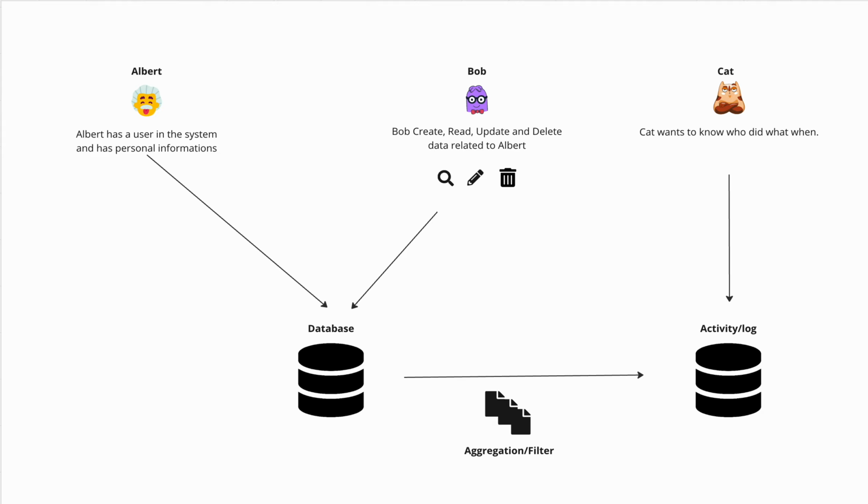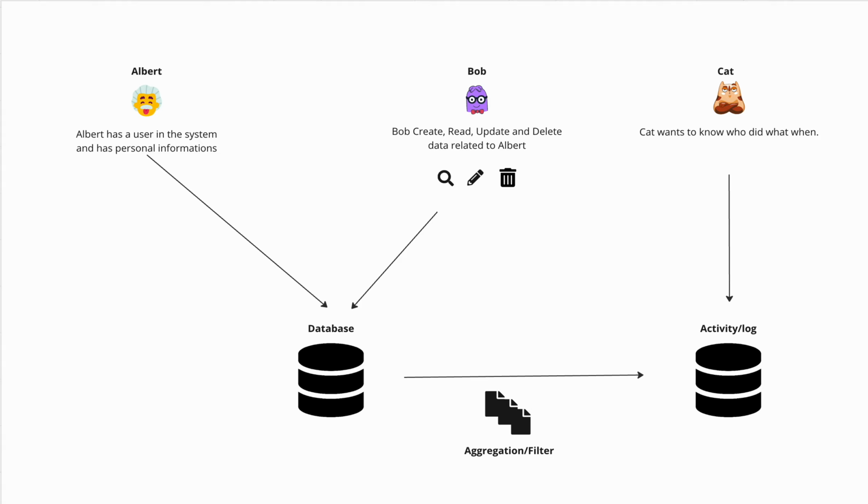That doesn't make sense to put in the log. That's illustrated by the small doc that says aggregation filter. So the activity log could be its own database, or it could just be some fields in the database.